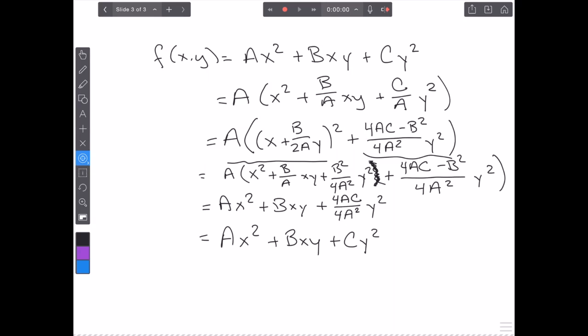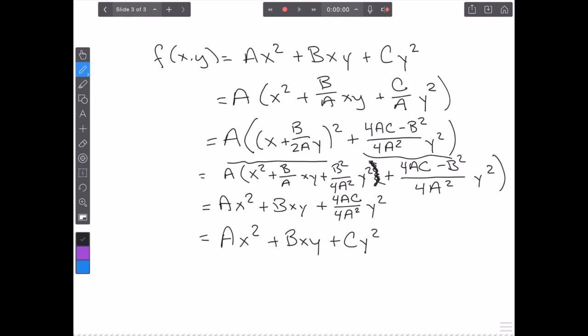And the method is called completing the square because what you do is you figure out what this squared term should be, this x plus b over 2a times y quantity squared, and then you have this leftover bit. And in fact, it's this leftover bit that tells you everything you need to know about the shape of that function.